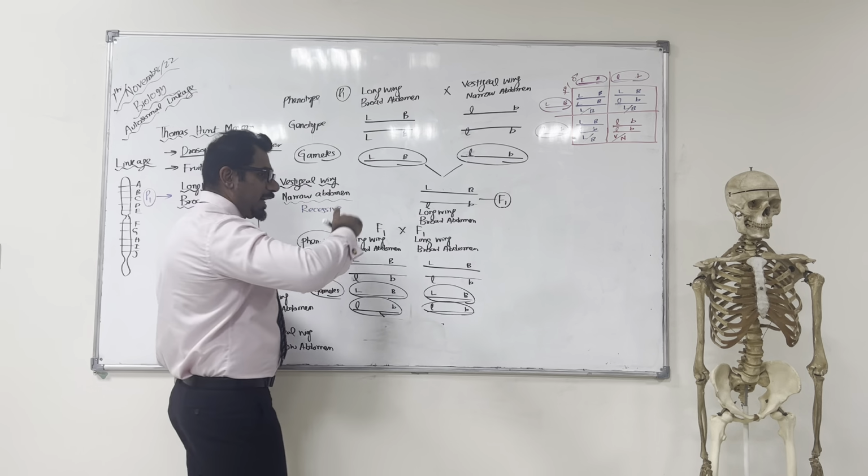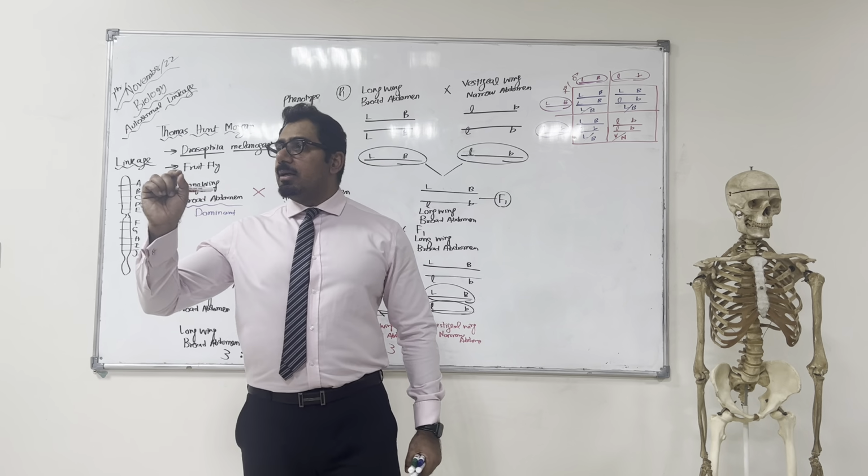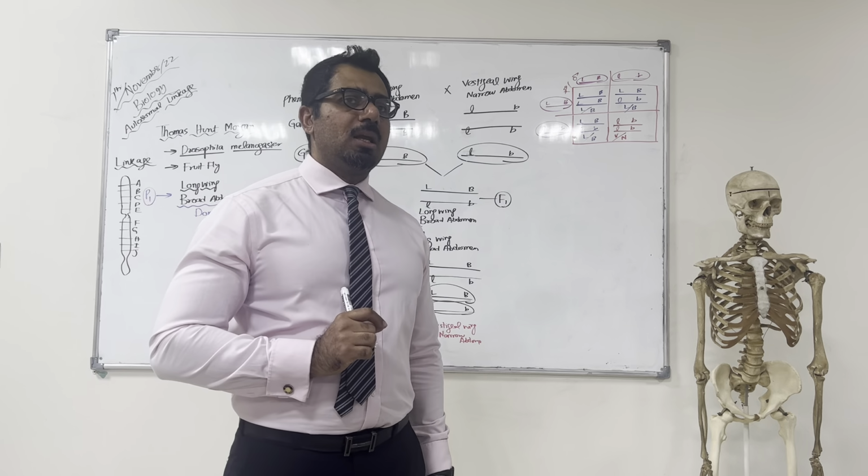Now, if you count 1, 2, 3, three are long wing with broad abdomen, and one is narrow body and vestigial wing. Alright? So, this is the simple inheritance. This is the linkage inheritance.